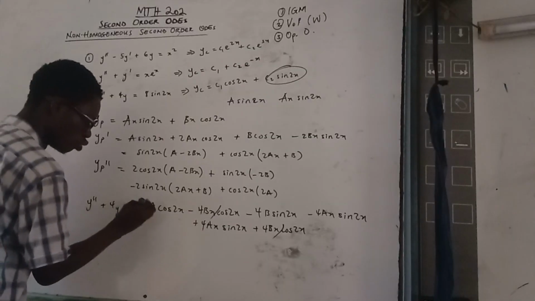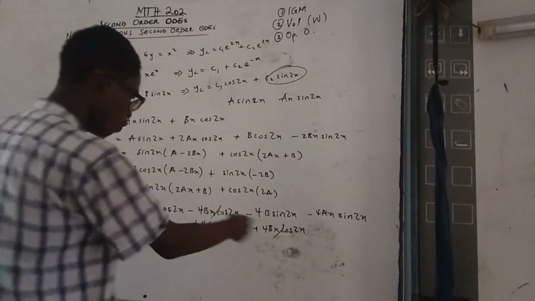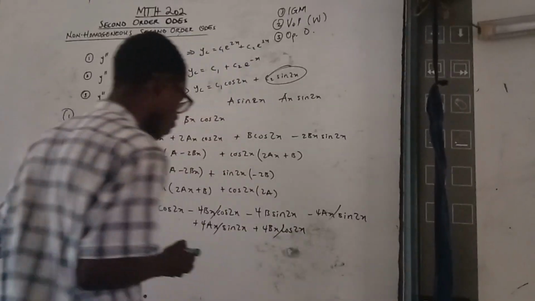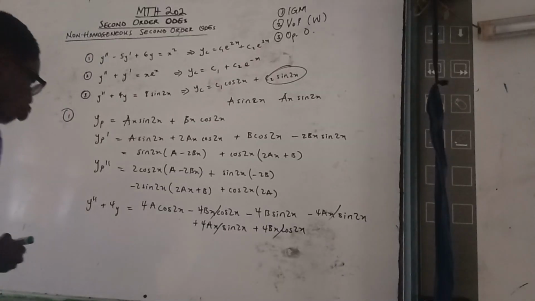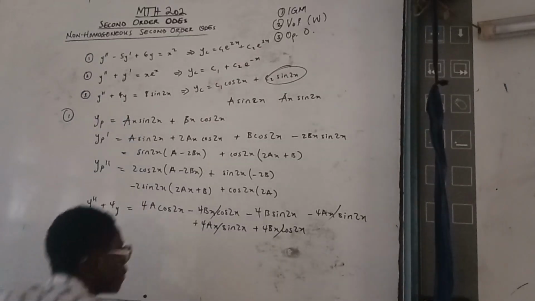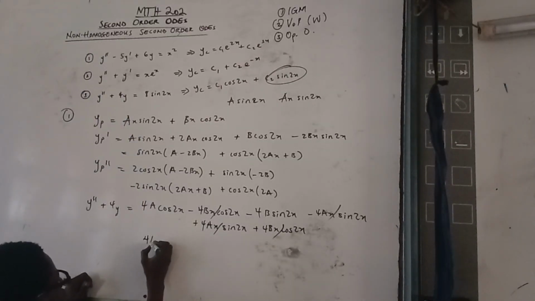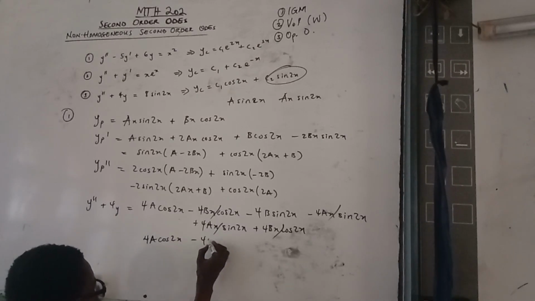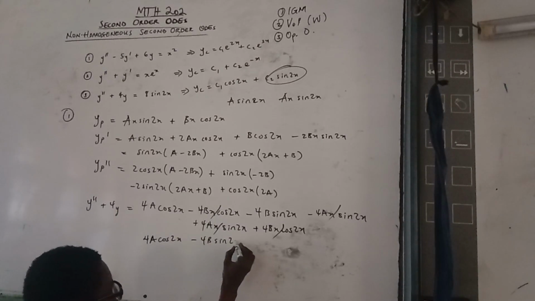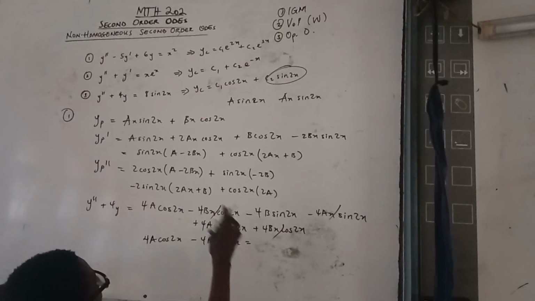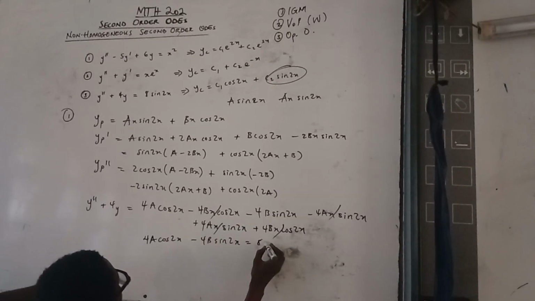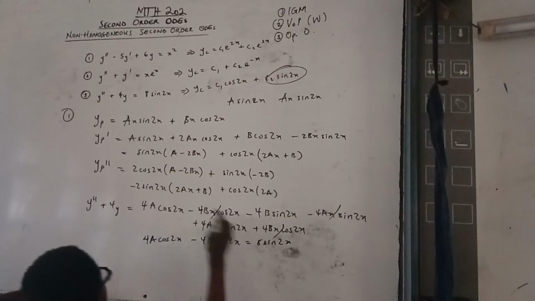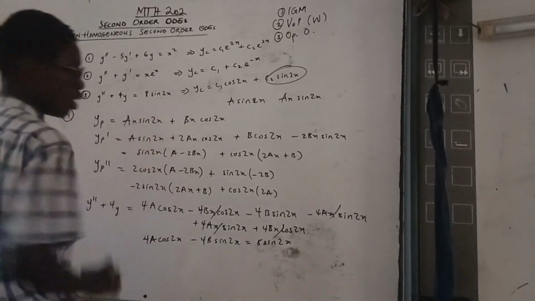Since that one is 2, this one is 2, this one is 4. So for sin 2x, 4ax cancels 4ax. So we have something like 4a cos 2x minus 4b sin 2x equals 8 sin 2x, which is our y that we were using.